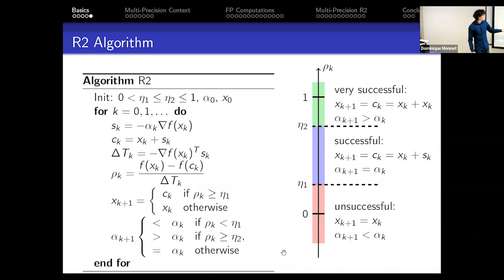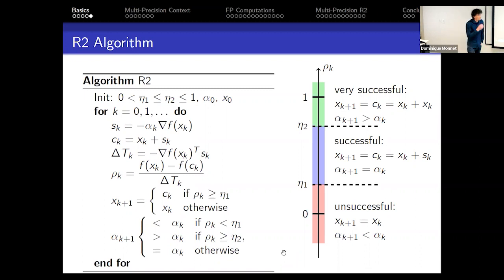And we're also going to update. If rho k is lower than eta 1, which is an input parameter of my algorithm, I'm going to say, okay, the step is not good. I don't want to make this step. Reject this. And I'm also going to adapt my step size according to the eta 1 and eta 2 parameters.